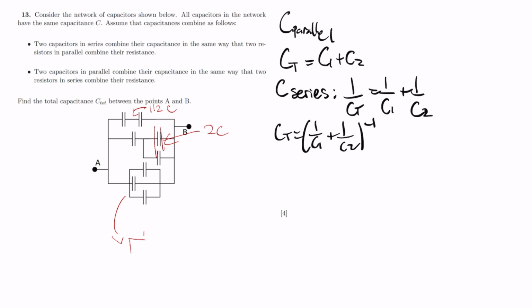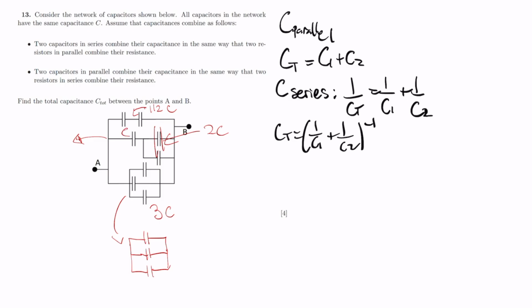This circuit is completely equivalent to this circuit across here, and because all three of them are in parallel, these are equivalent to a circuit of 3C. So let's first figure out the total capacitance for the middle branch. What would that be equal to?